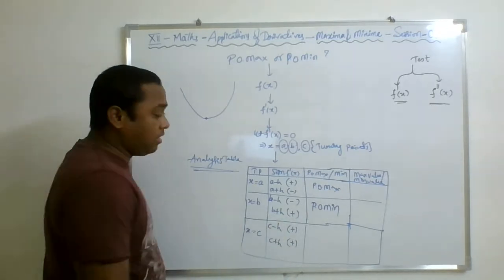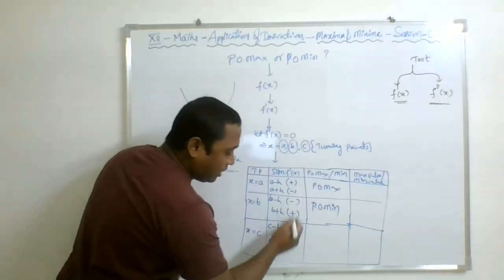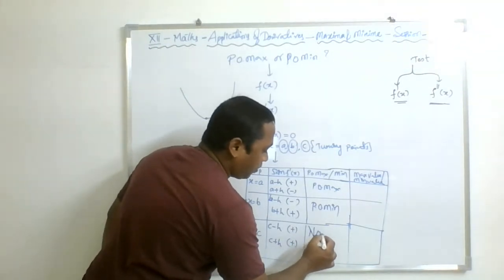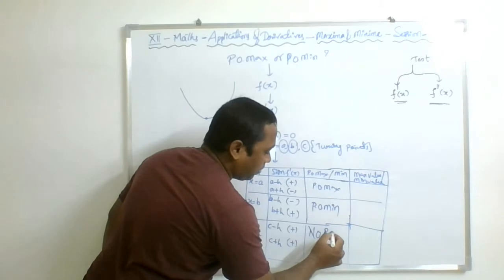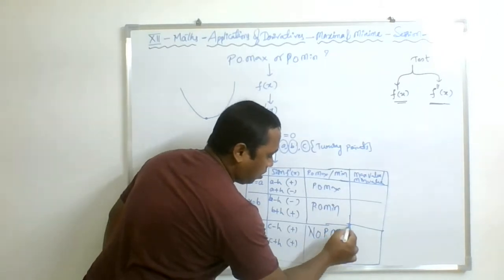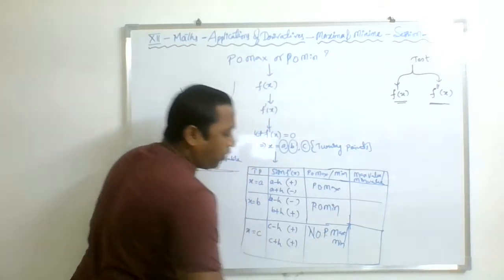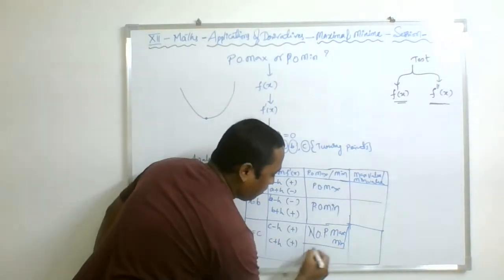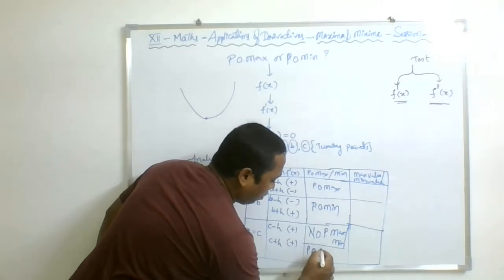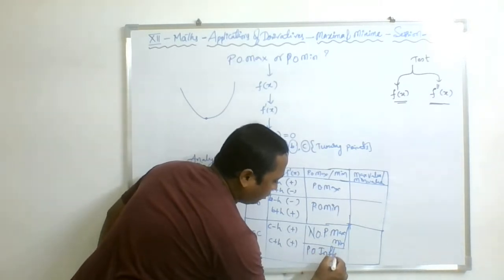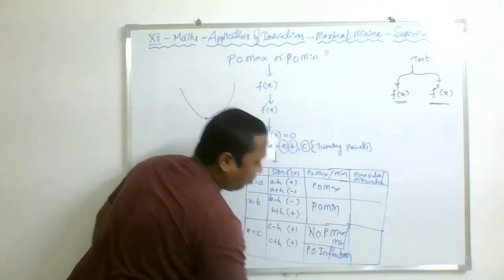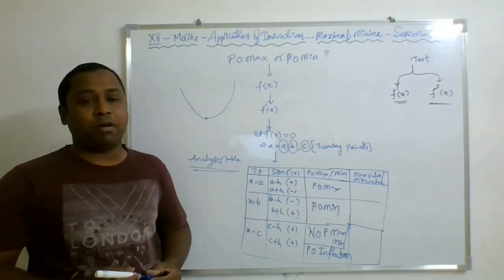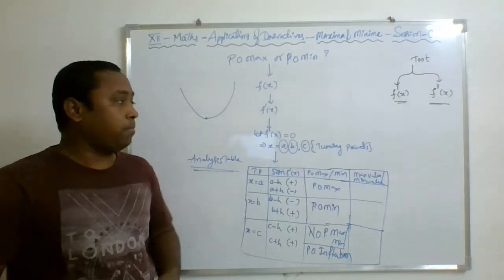In this case there is no change in the sign of the derivative, so there is no point of maxima or minima. Hence, this point is basically called the point of inflection. It is neither a point of minima nor a point of maxima.